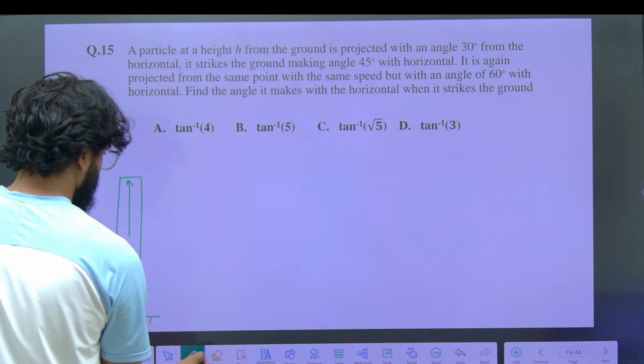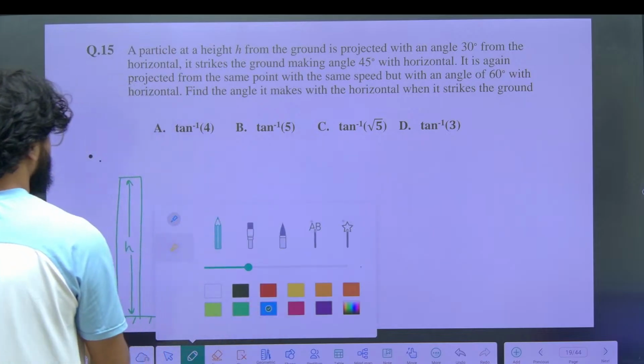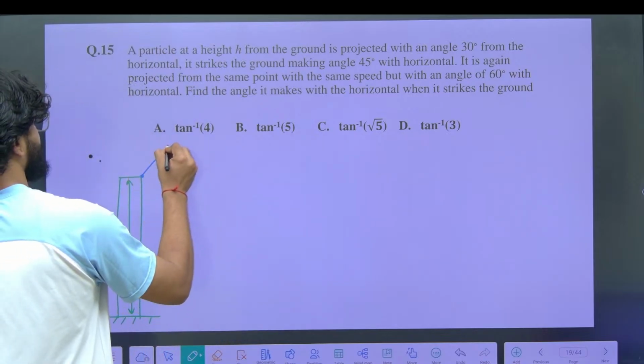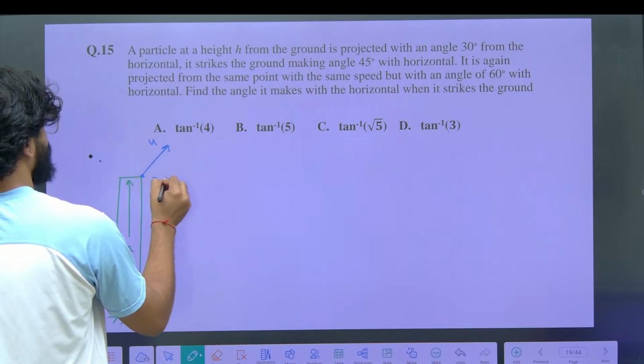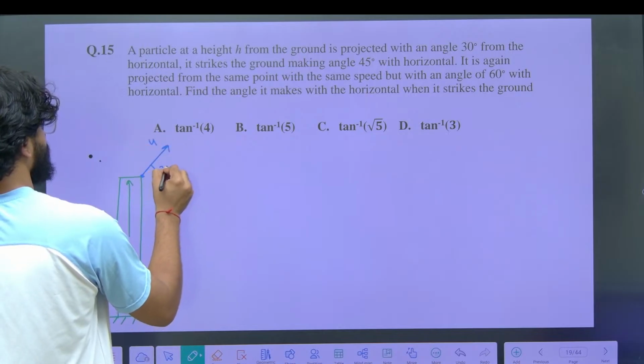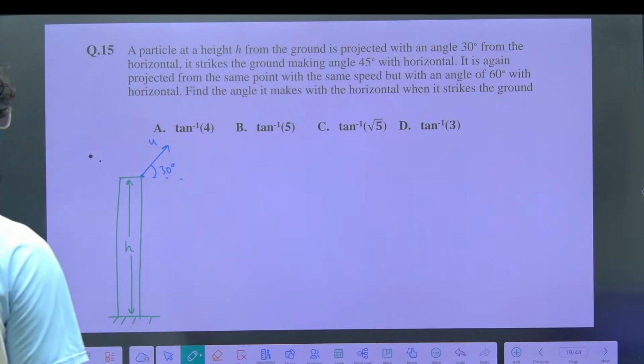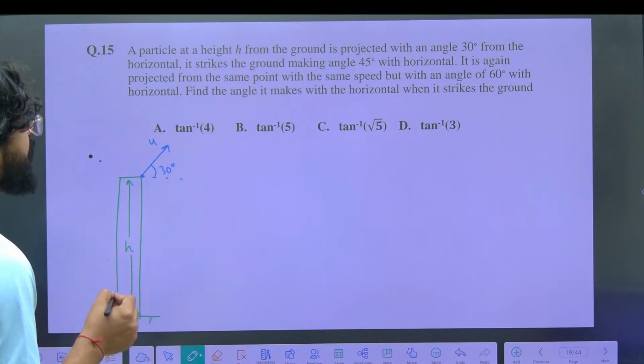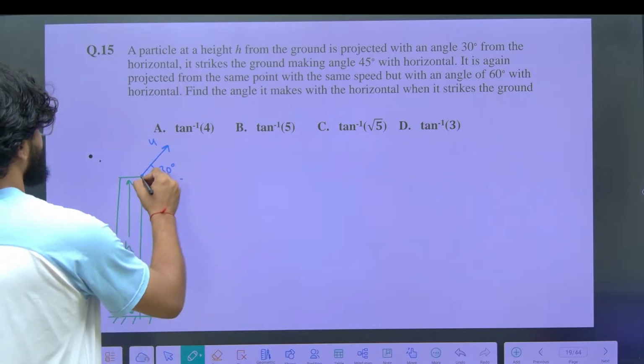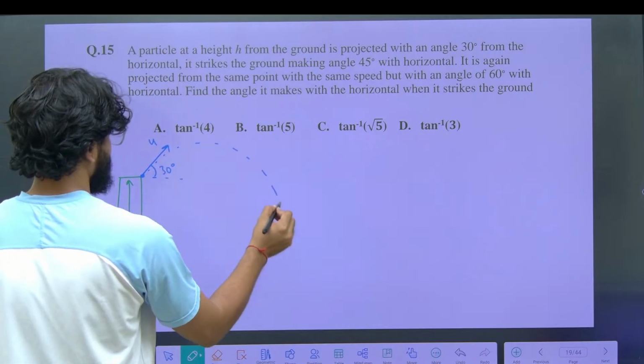Okay, it is being projected like this, let's say with value u at 30 degree. Okay, it strikes the ground making an angle of 45 degree with the horizontal. So it is going like this.